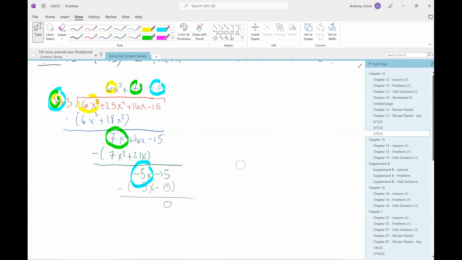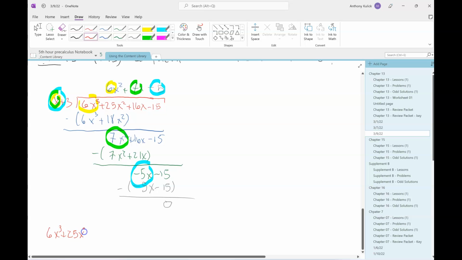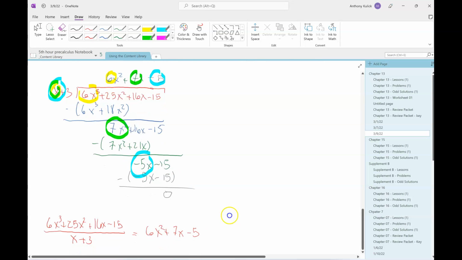So what we can say then is that 6x cubed plus 25x squared plus 16x minus 15 divided by x plus 3 is equal to 6x squared plus 7x minus 5.